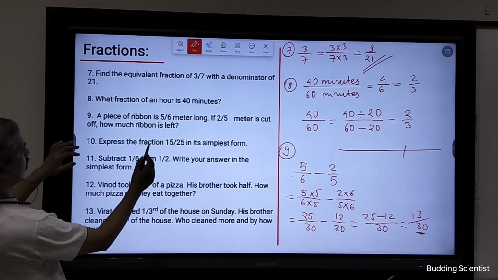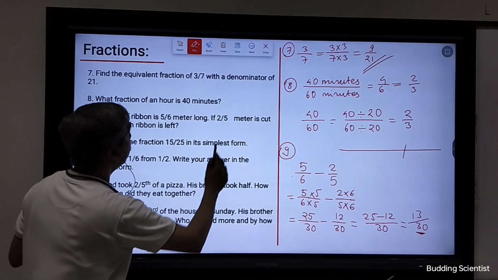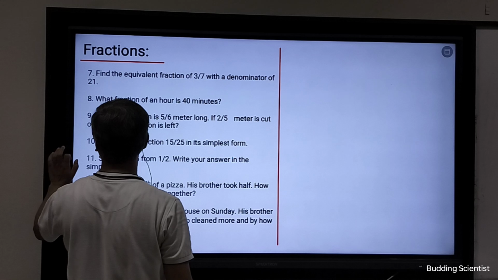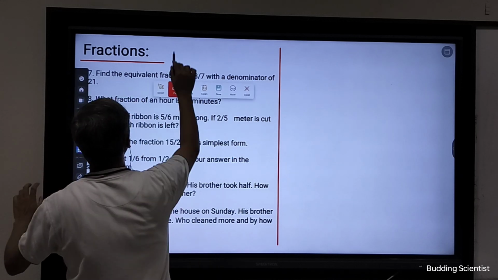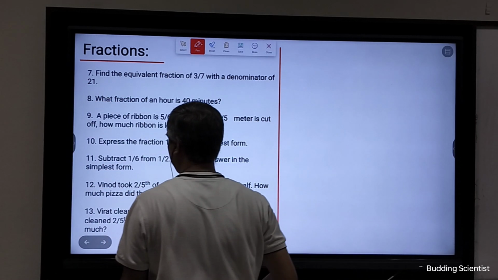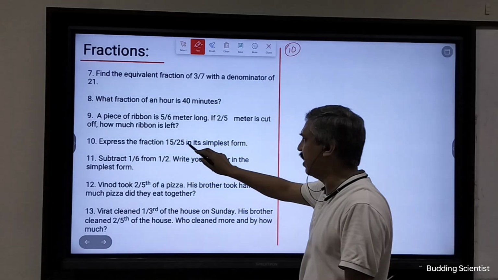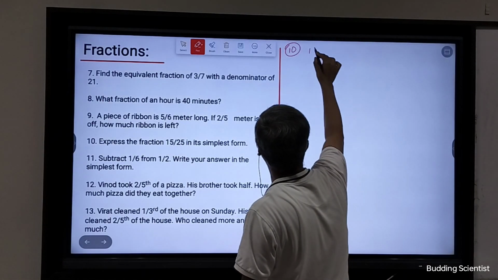Question number 10. Let's solve question number 10 here. Express the fraction 15 by 25 in the simplest form.